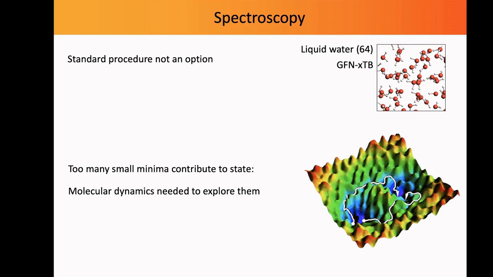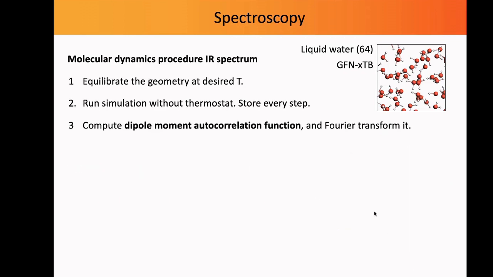So we need a way to explore, and that is what we have molecular dynamics for. Now the procedure for computing an IR spectrum using molecular dynamics for a system such as this is exactly the same as it is for a small molecule. The only difference is of course in the setup of the larger system, which we will go through now.